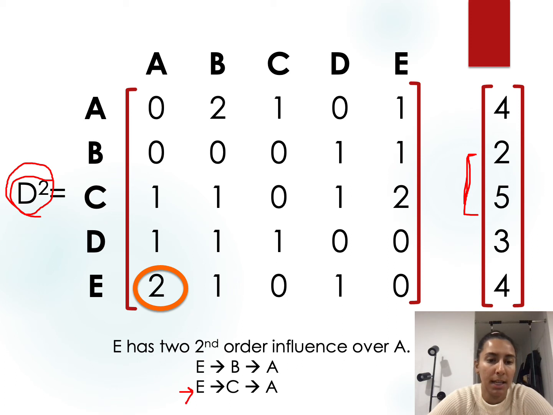Because E beat C and C beat A, E has a second order dominance over A.